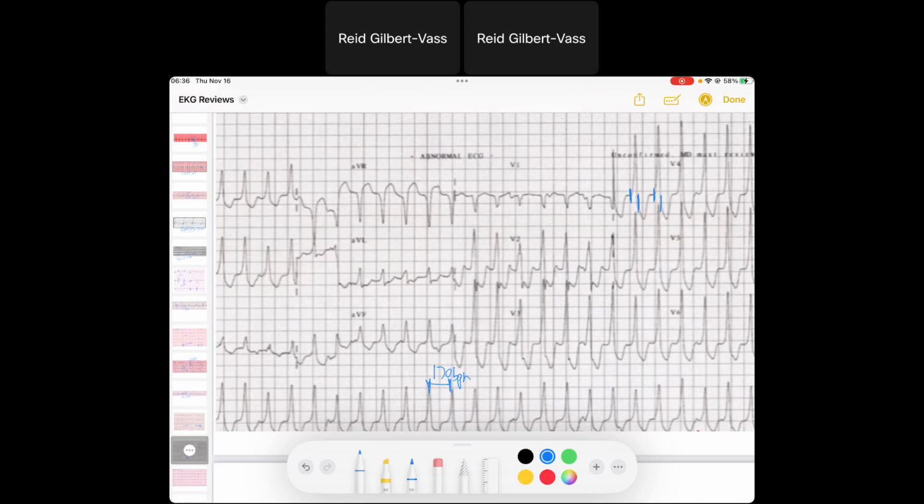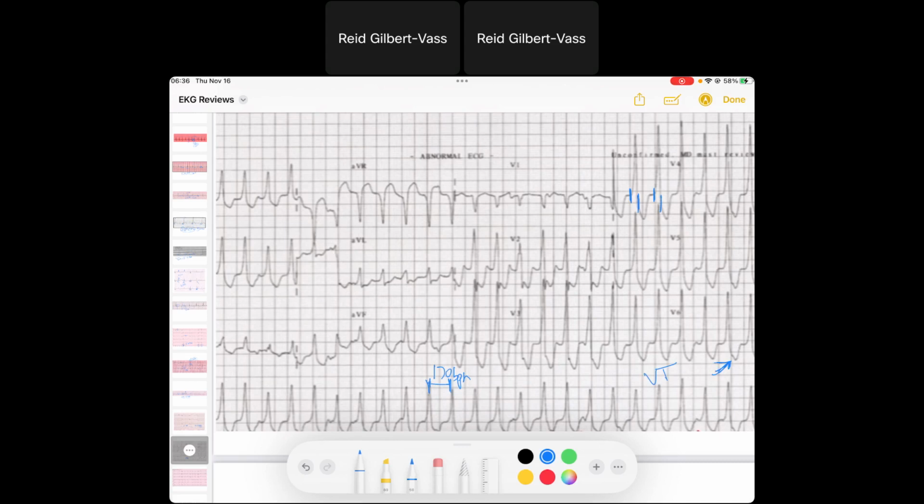It's very regular. And the telltale sign of a wide, regular complex QRS is that sometimes you see these little notches in the T waves, and those would be retrograde P waves occurring because this is a ventricular tachycardia.